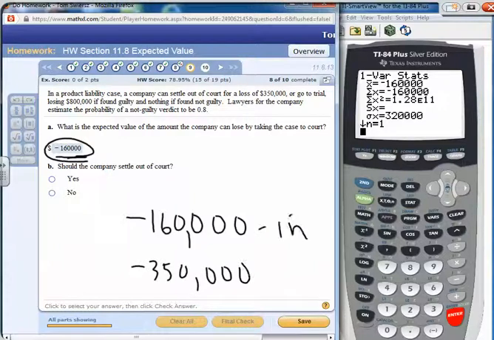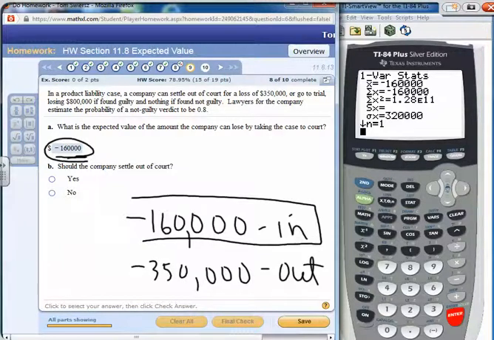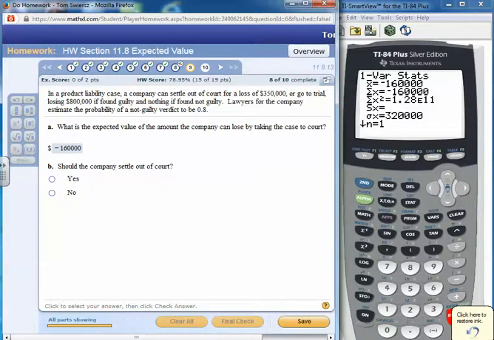This is in court, this is out of court, so the expected value is better because we want a smaller negative number, a smaller loss. So should the company settle out of court? The answer is no, because they should go to court because the expected loss is smaller. So out of court, the answer is no. And we get the correct answer. All right? Very good.